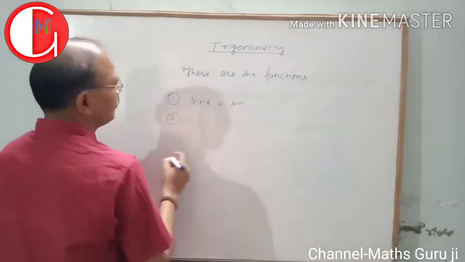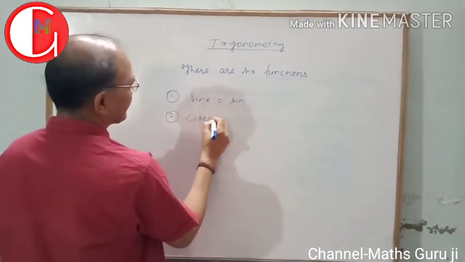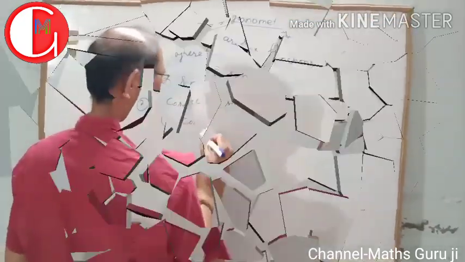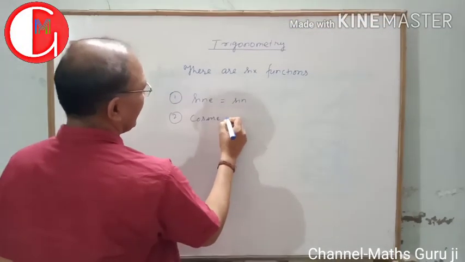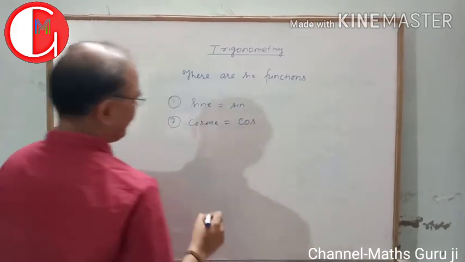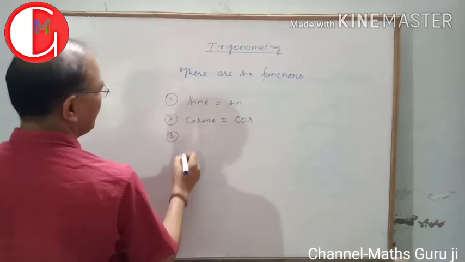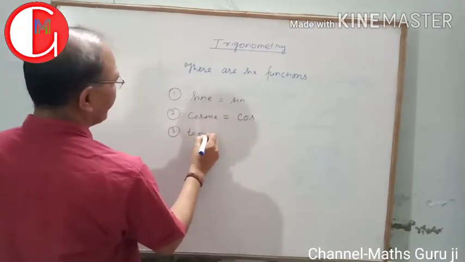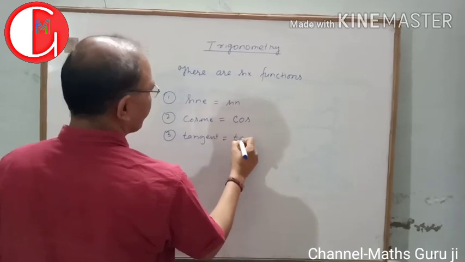Number 2, cosine, written as cos in short way. Third, tangent, in short way written as tan.